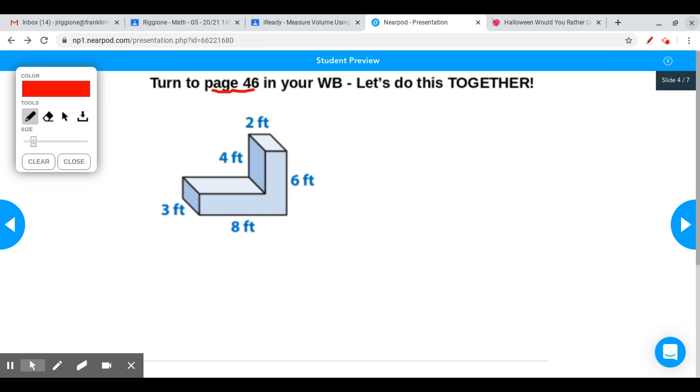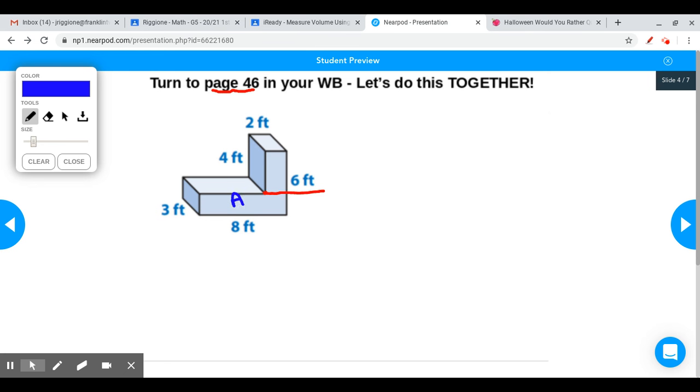All right. So just like yesterday, in order to solve this problem, we need to first break this shape up into rectangular prisms because currently we cannot find the volume of this L shape. So we're going to go ahead and cut it right there. Then we have to find the volume of this bottom piece.